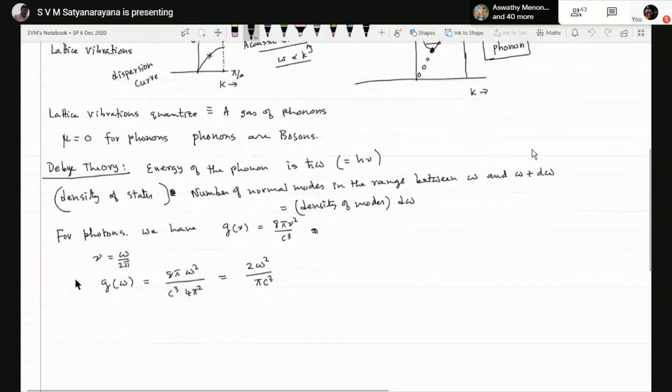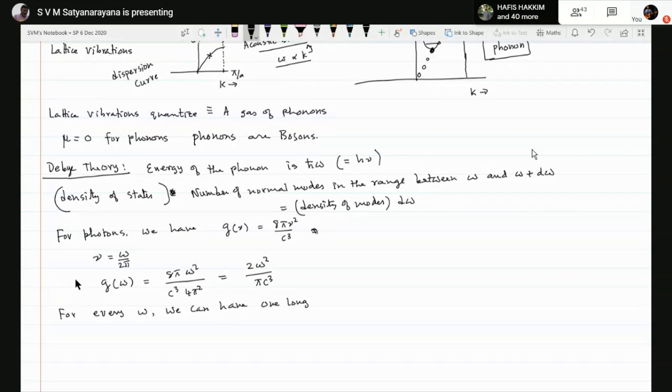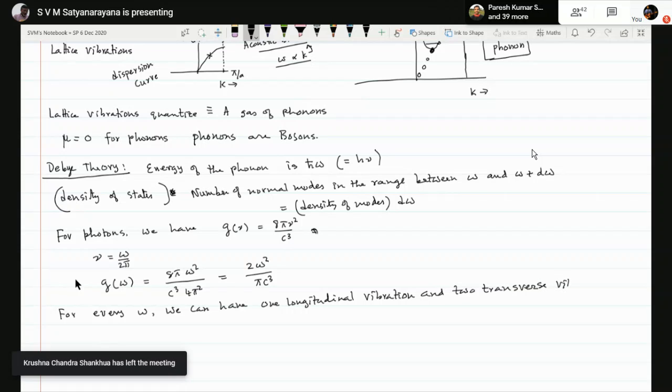But notice that for every frequency, for every omega, we can have one longitudinal vibration and two transverse vibrations, because once you fix the direction of propagation, then there can be two transverse directions.